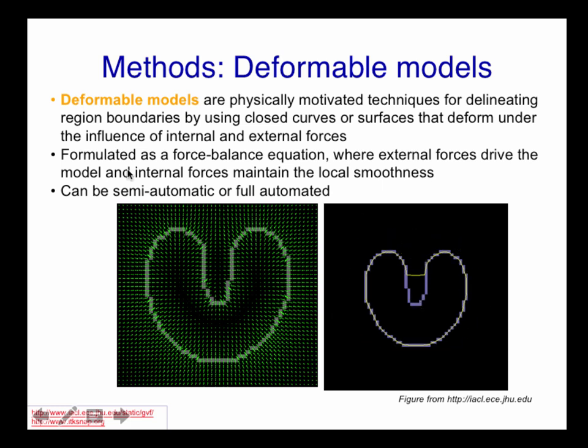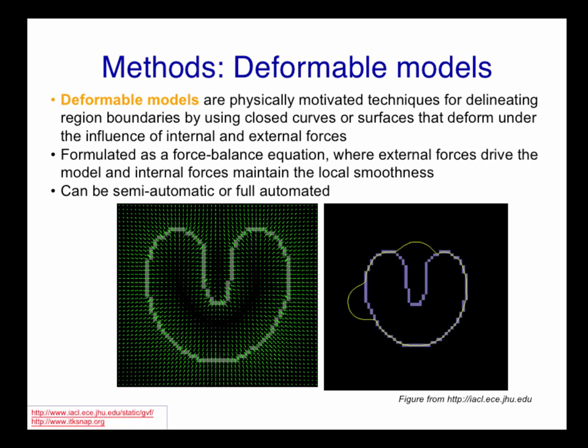But there's also internal forces. So I mentioned internal forces here. What are these internal forces doing? Well, they're keeping this contour smooth. You can see that even in regions where the boundary is kind of pixelated, it's still forming a very smooth shape along this region. You can think of these internal forces as similar to a rubber band, which has elasticity.